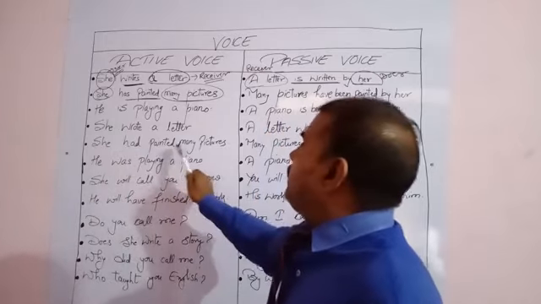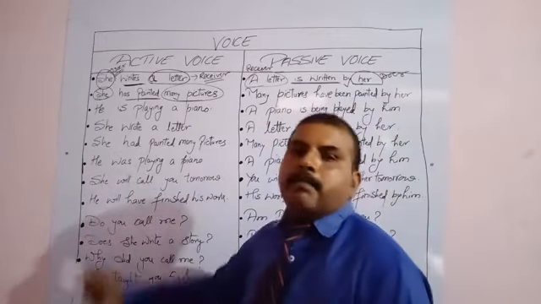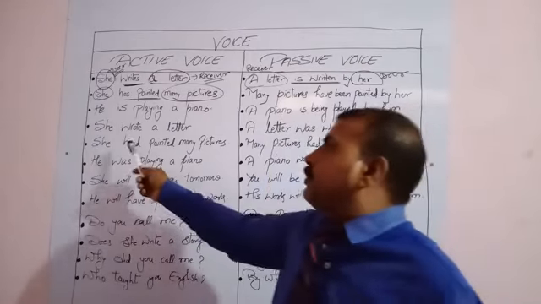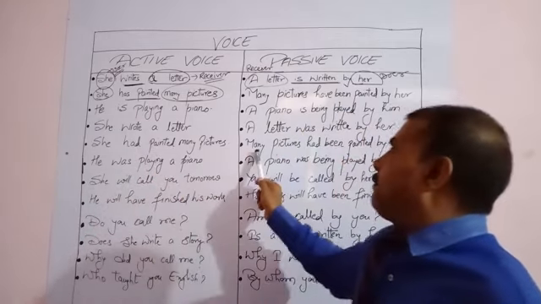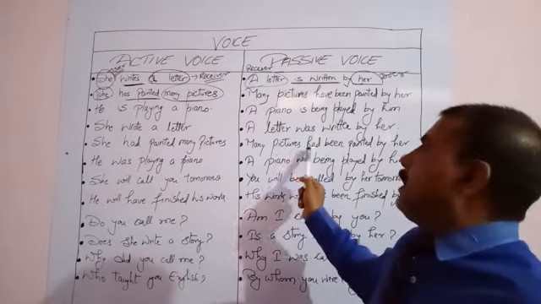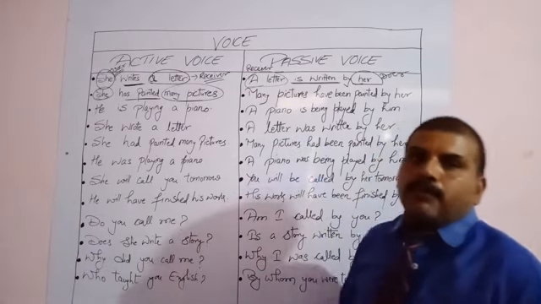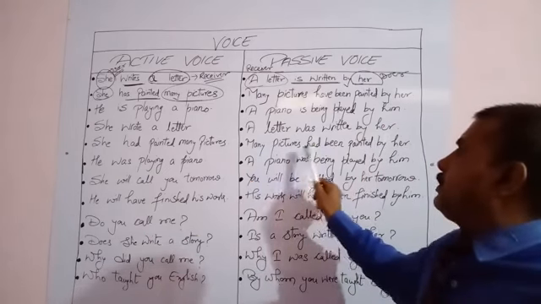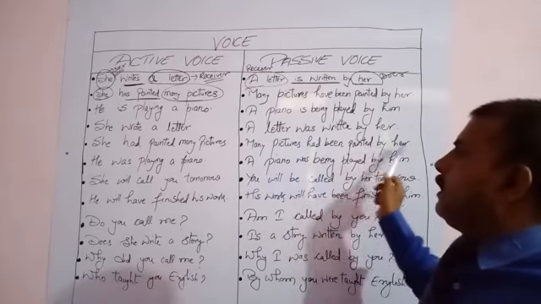She had painted many pictures. Again "had" denotes perfect case, but in past tense, so this denotes past perfect tense. Here the receiver of the verb becomes the subject: many pictures. As per the structure for passive voice in past perfect tense, "had been": many pictures had been painted, third form of the verb, by her.